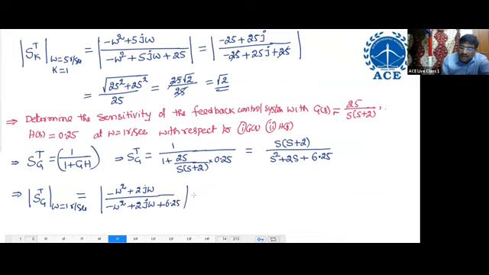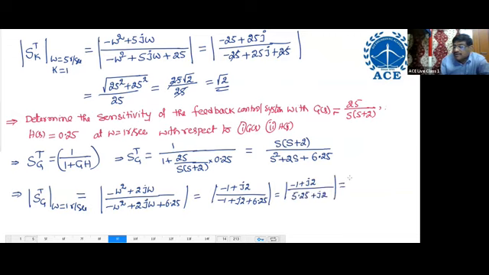So omega 1, substitute: minus 1 plus j2 divided by minus 1 plus j2 plus 6.25. So what will I get here? Minus 1 plus j2 divided by 5.25 plus j2.